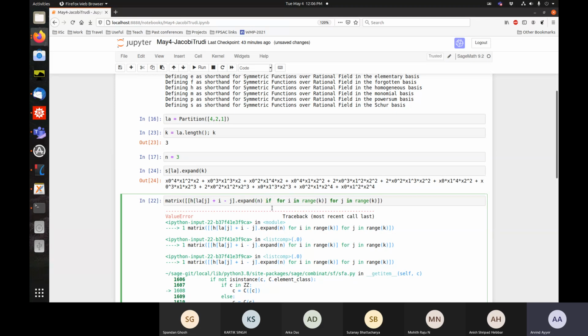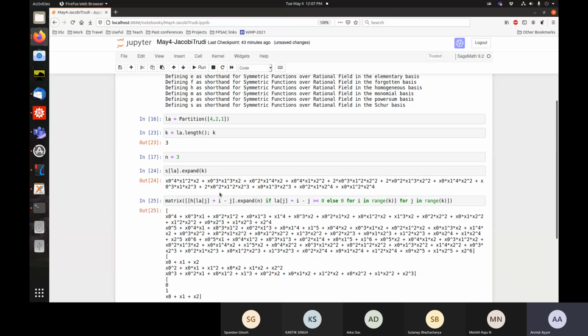Okay. If j plus I minus j is going to be equal to 0, else, and this is Python shorthand for writing a conditional in one line. So you say whatever you want if this, else this.